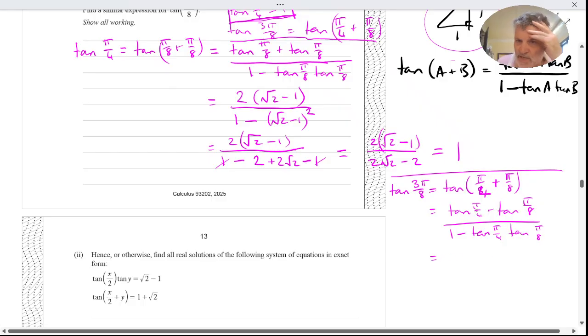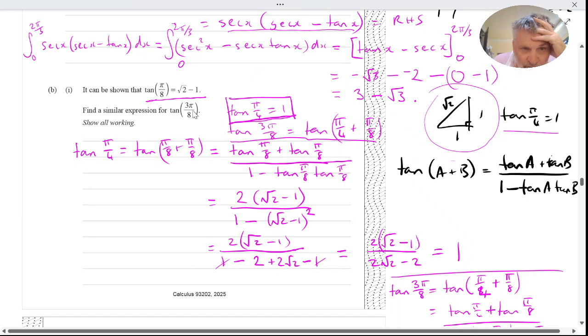And tan pi over 4 is 1, and that's a plus on the top, sorry. That's what happens when you use bad handwriting. You can't read it when you get to the next line.